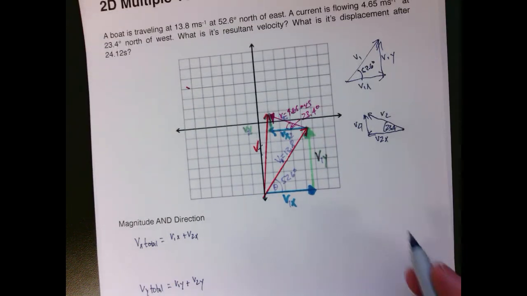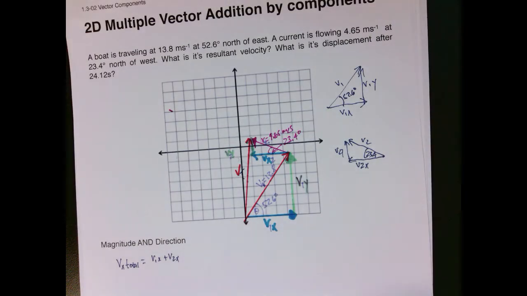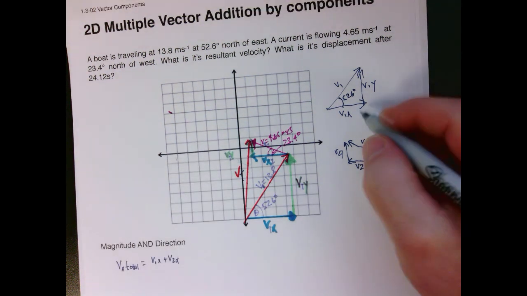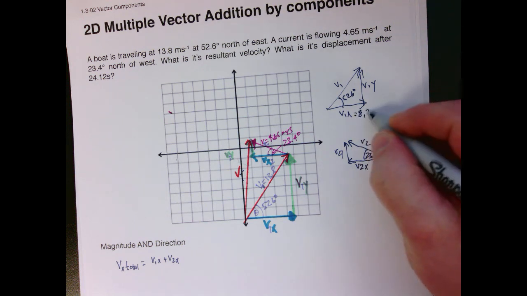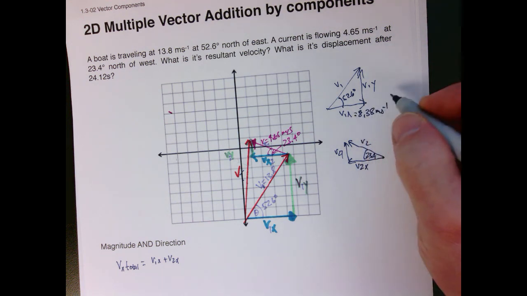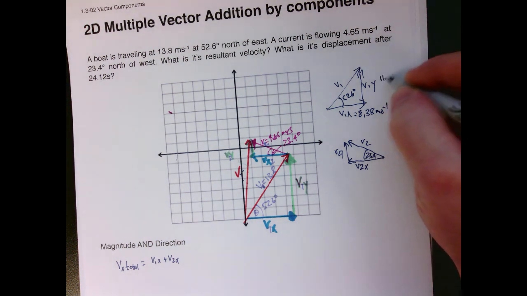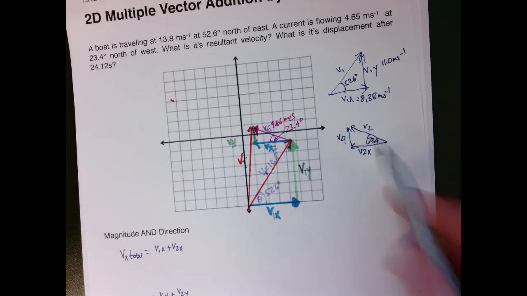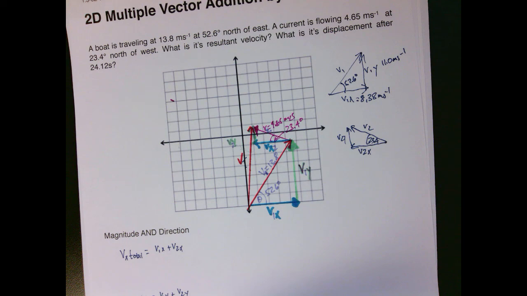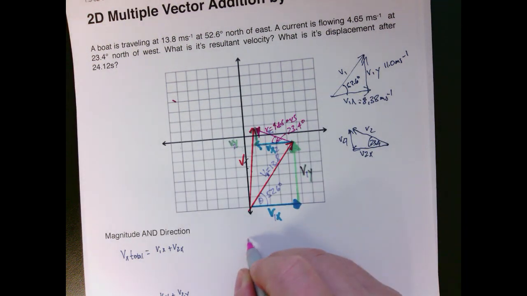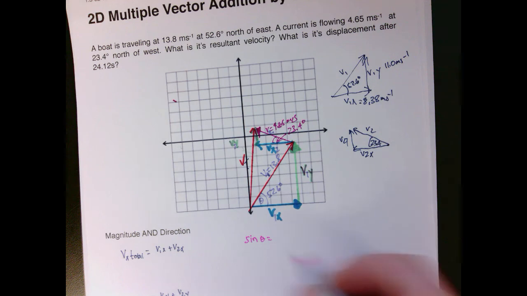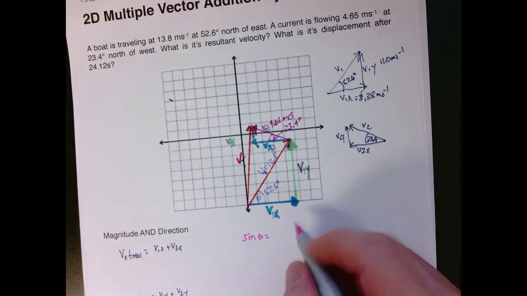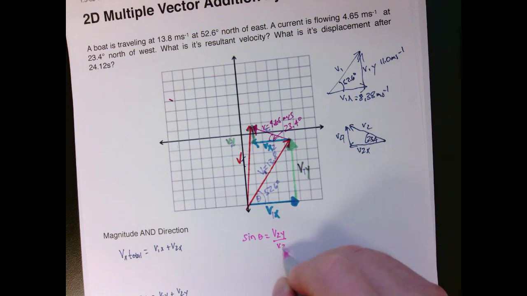So we already know v1y and v1x that we had done earlier. We know that v1x was 8.38 and v1y was 11.0. We've already found those. So now it's a matter of finding v2. So I have sine of theta is v2y over v2, so v2y is v2 sine theta.